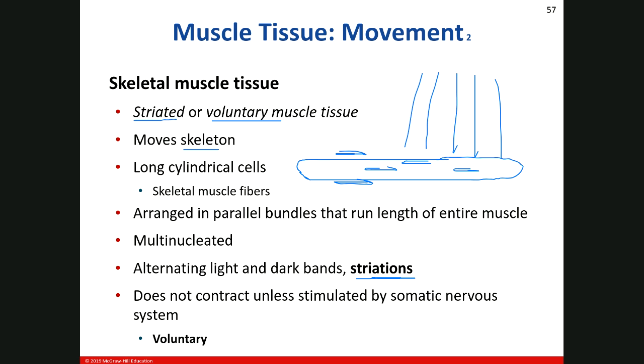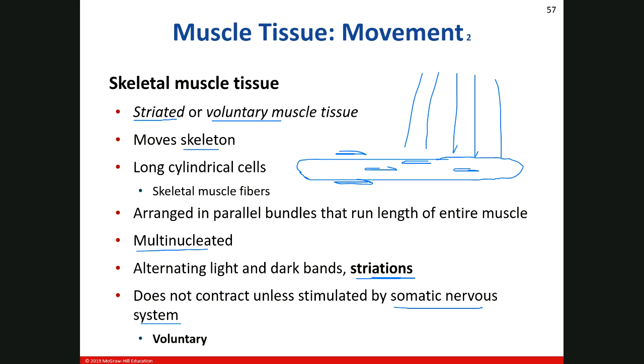So the somatic nervous system allows us voluntary control over the skeletal muscle. A lot of this you already know: the fact that it's striated, the fact that it's multinucleated, and also that it is a voluntary muscle tissue. Now you know why. It's because it's controlled by the somatic nervous system, the part of the nervous system that we can voluntarily control.